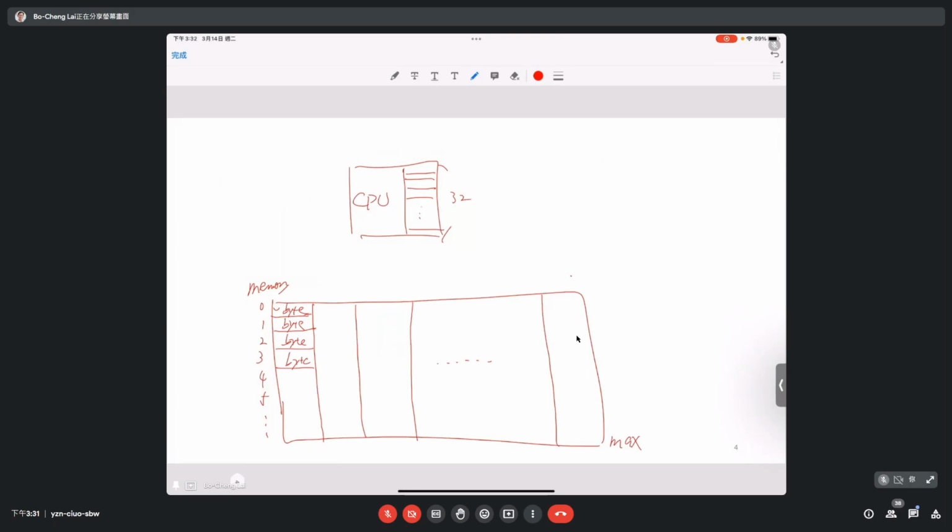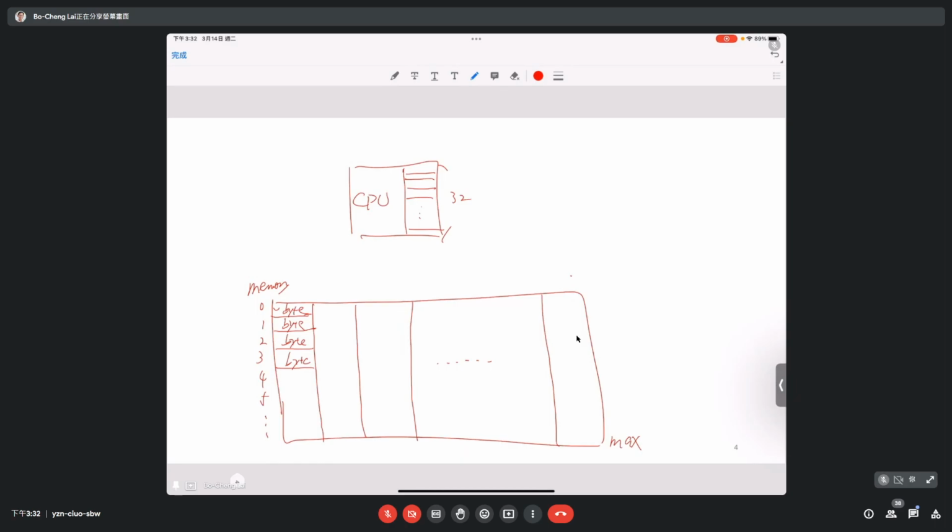If your first word is at position 0, your second word will be at position 4. Your third word will be at position 8.